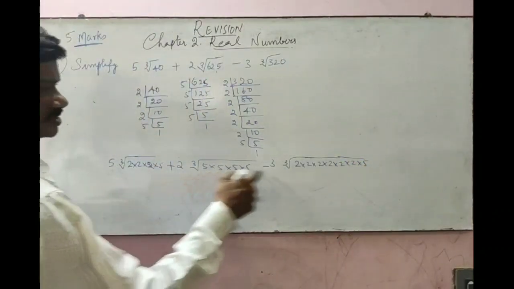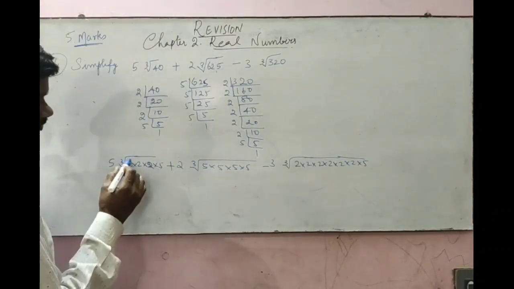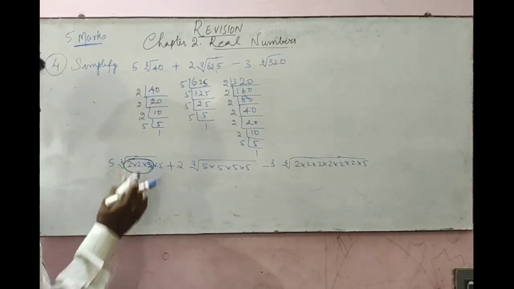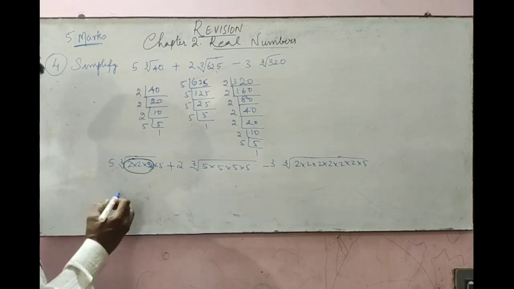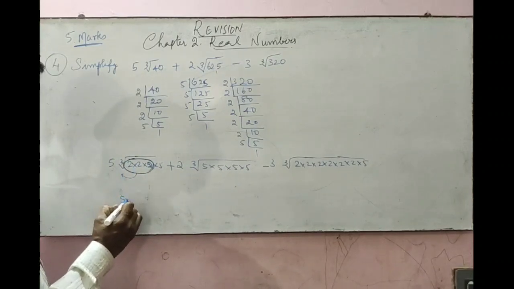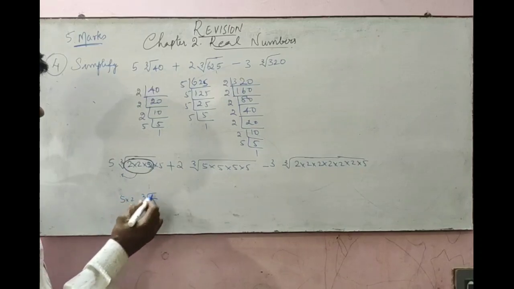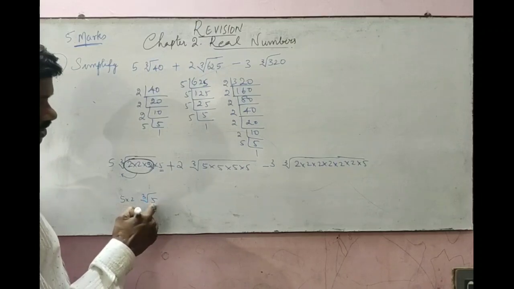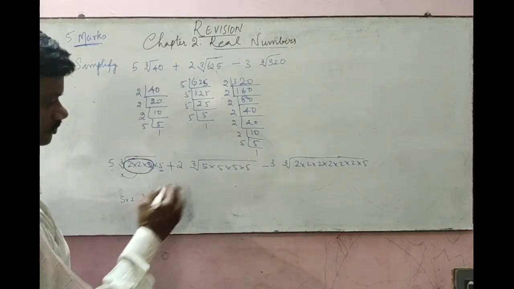Since all these surds are cube roots, for 3 numbers I can take one number outside of this root. So now this 2 comes outside: 5 into 2 cube root of 5. This has no pair, so it should be written in the surd inside the root.